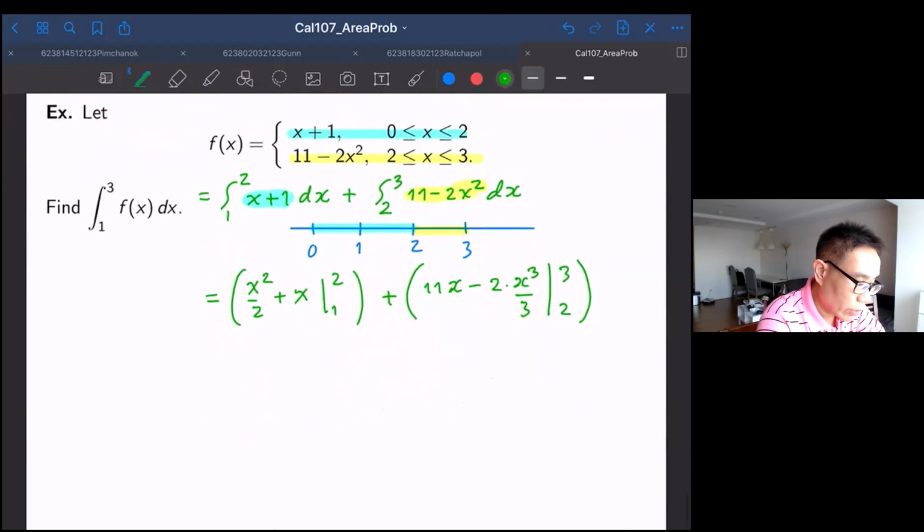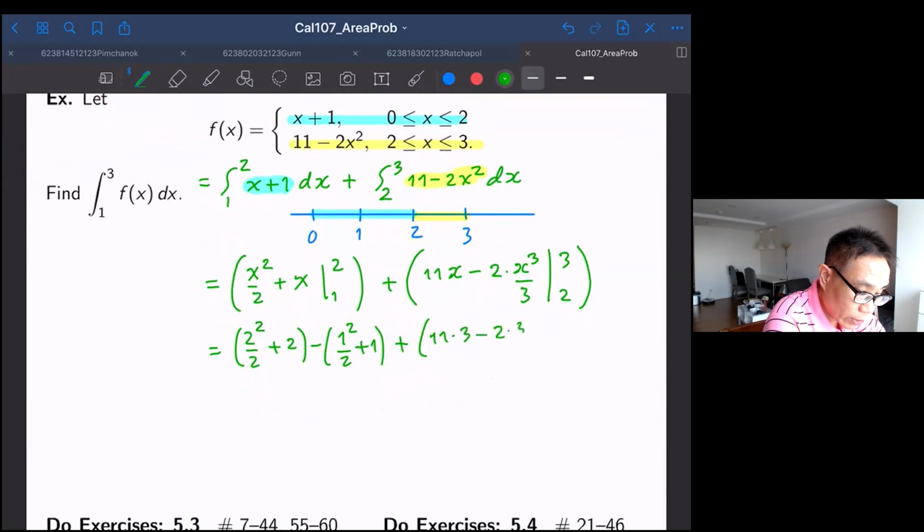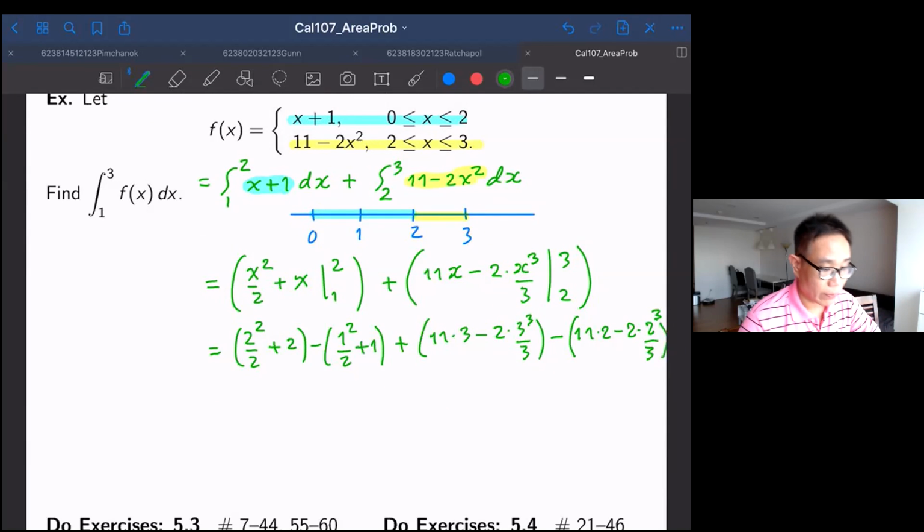So you're going to plug in: 2 squared over 2 plus 2, minus 1 squared over 2 plus 1, plus 11 times 3 minus 2 times 3 cubed over 3, minus 11 times 2 minus 2 times 2 cubed over 3. This is how we have your final answer.